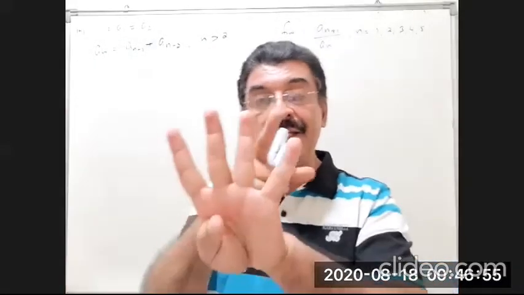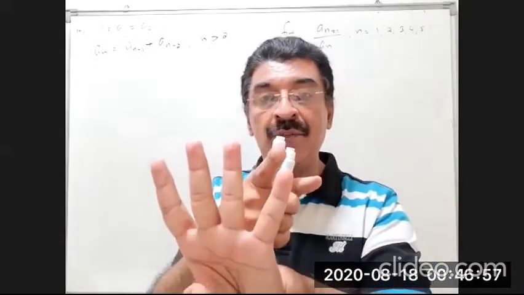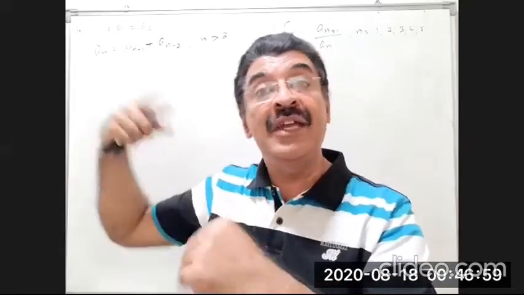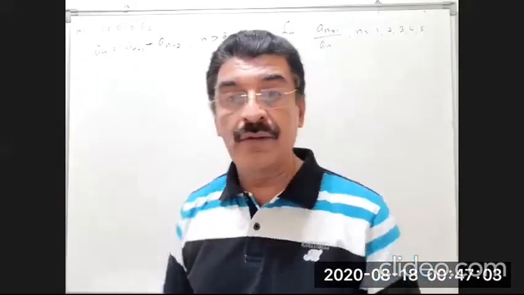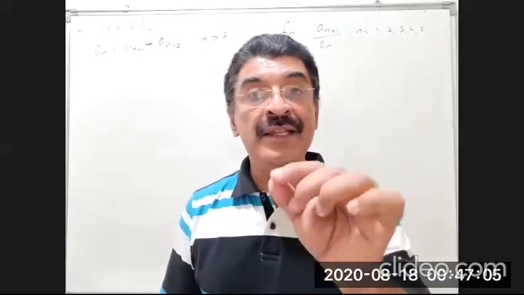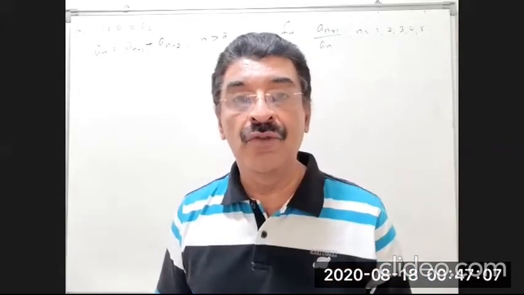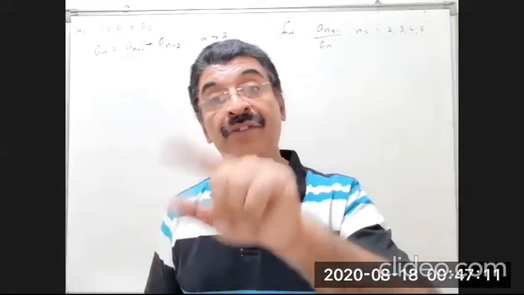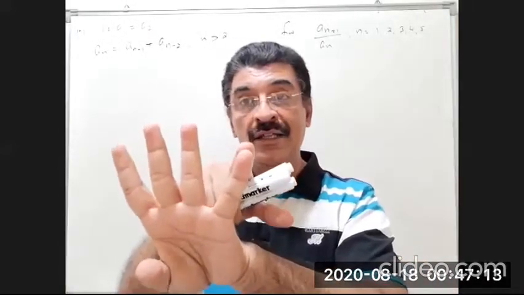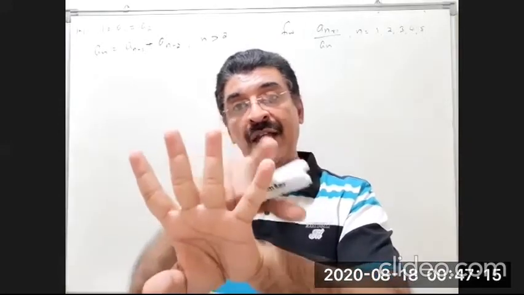So to find any term means sum of the previous two terms. That's the meaning of it. By this definition, to find the 10th term, what to do? The 10th term will be a9 plus a8, previous two terms.